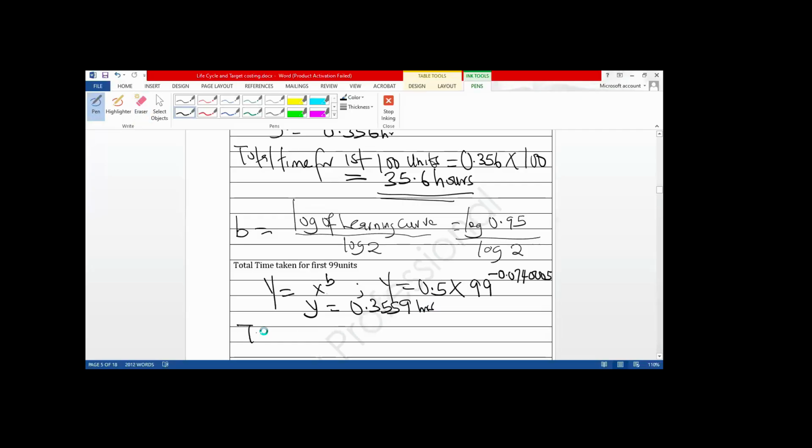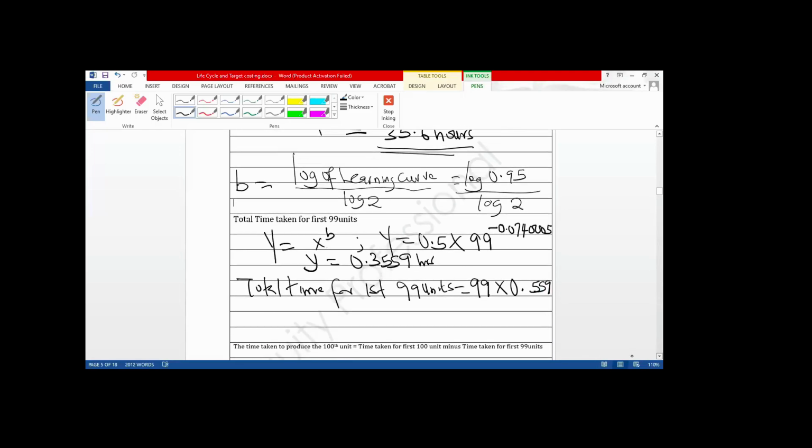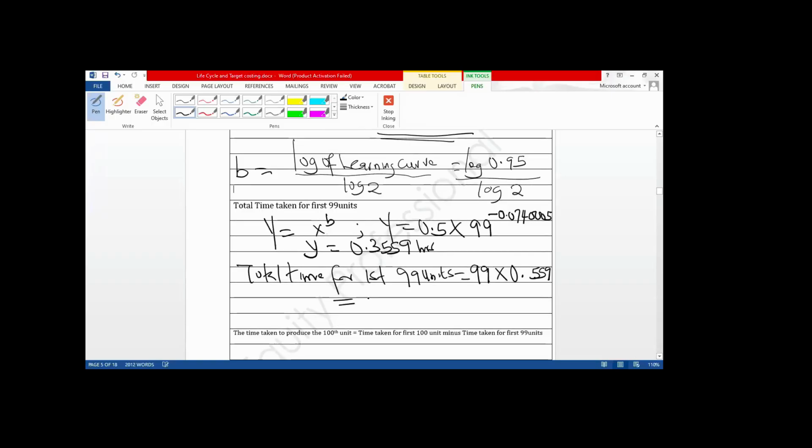Then total time for the first 99 units is equal to 99 multiplied by 0.3559. Please work this out. 35.23 hours.